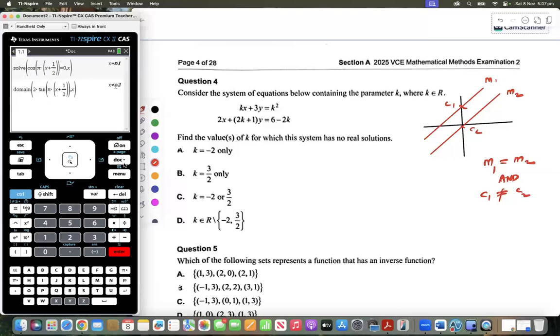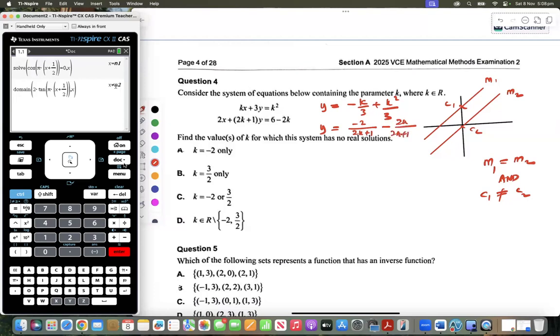I can use the solve function. That's one of the methods. You can make y your subject. The long method: y is equal to negative k on 3 plus k squared on 3. In the second equation, y is equal to negative 2 over 2k plus 1, minus 2k over 2k plus 1.